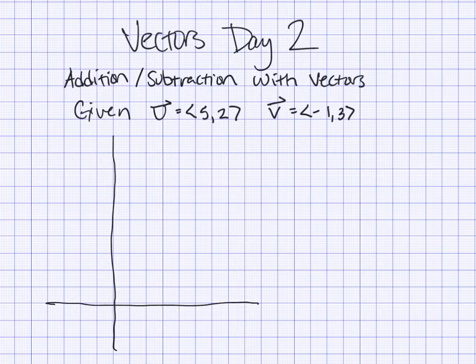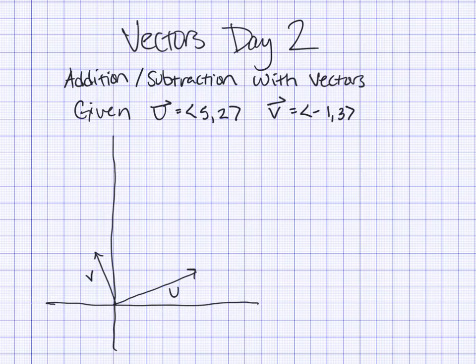Okay. So let's see. Vector u, 1, 2, 3, 4, 5, 2 is going to be here. This one here, this is vector u. And then vector v, negative 1, 3. That's right there, that is vector v.